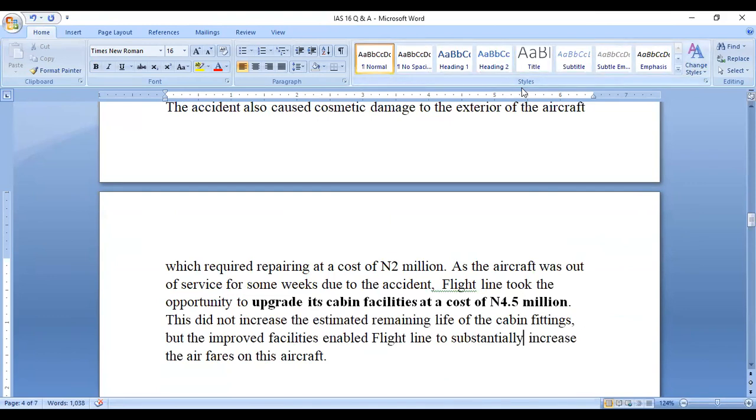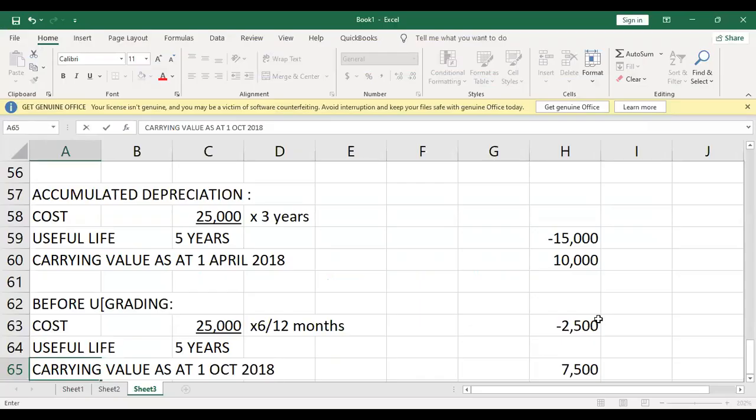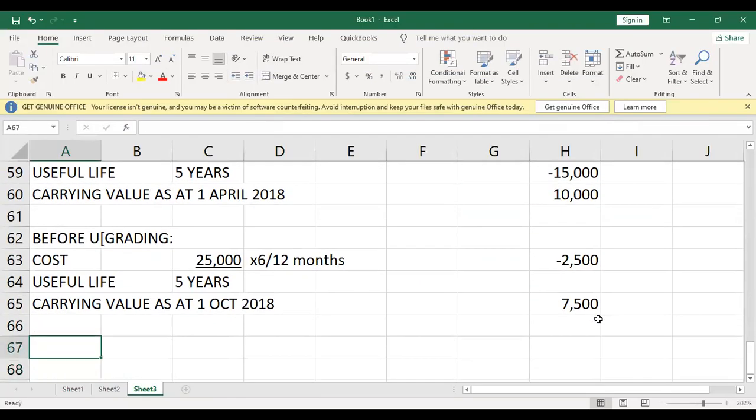So we'll add it to our carrying amount to give us a new figure. So cost of upgrade 4.5.